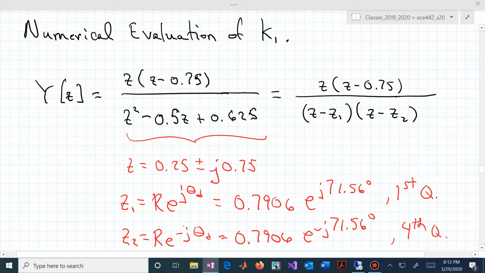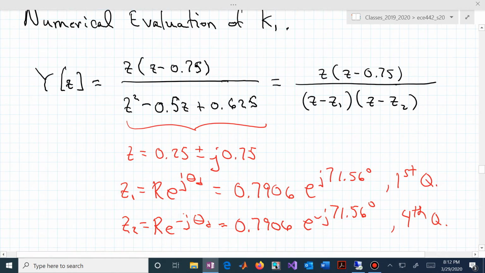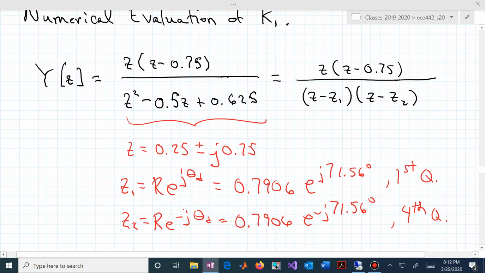They are the same distance away from the origin, 0.7906, and they're at angles of opposite sign: one at 71.56 degrees, and the other below the real line at minus 71.56 degrees.